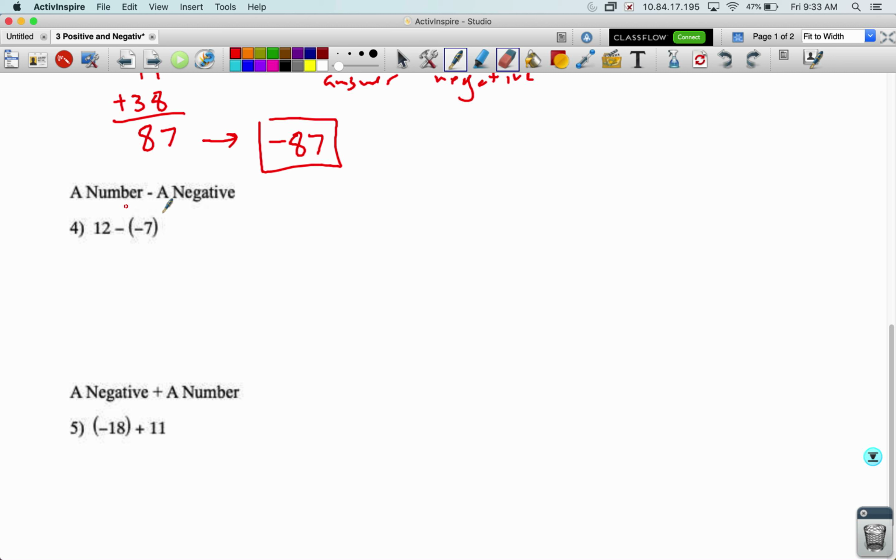All right, how do I do a number minus a negative? Well, this one's pretty easy. Minus a negative, I'm going to write out the word minus so that's clear. All right, so minus a negative becomes a positive.